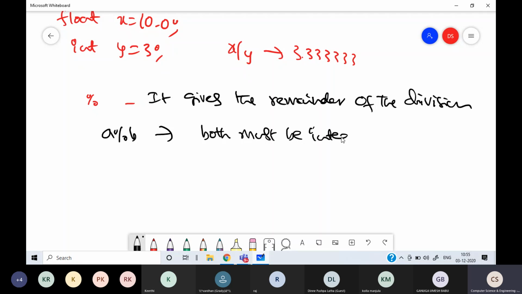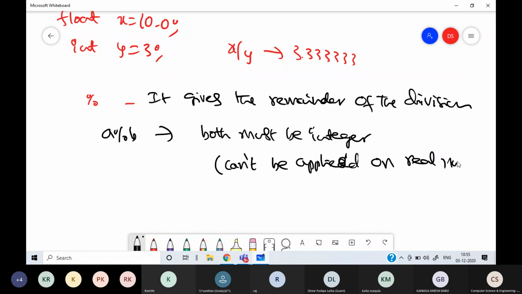That means we cannot perform this modulus operation on real numbers.